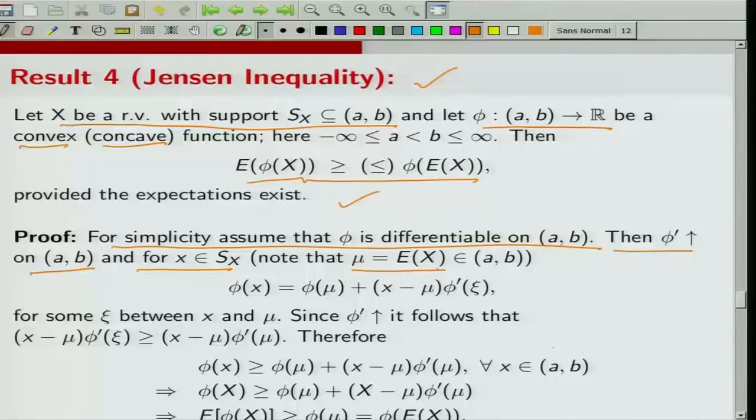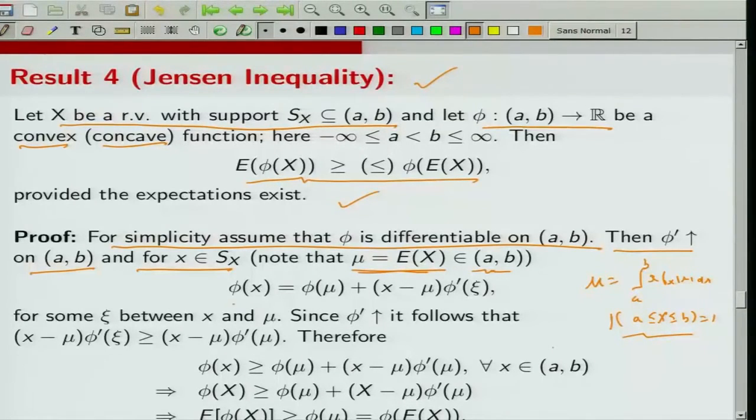So my mean mu is nothing but the integral from a to b of x f(x) dx. This would always be between a and b, because I know that the probability that X lies between a and b is 1. Then we saw that if the probability that X lies between a and b is 1, then the mean has to be between a and b.